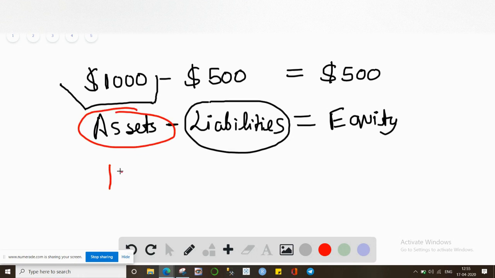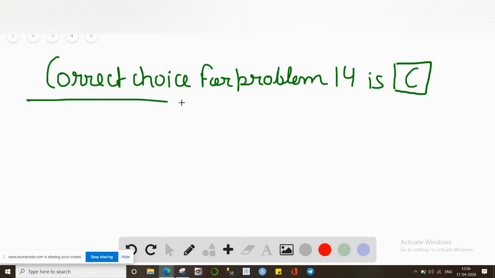Let's say suppose there is $1,000 of assets and $1,000 of liabilities, so the equity component will be zero, nothing. So the businessman will not be able to draw any cash drawings from the business for his personal use. But for the current solution, our answer will stick to choice C. So thank you.